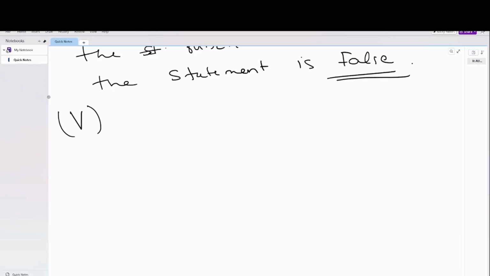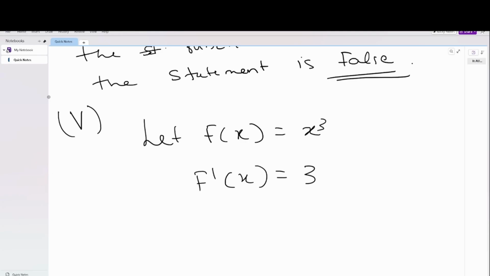We can prove that. Let f of x equal x cube, then f dash x is equal to 3x square.